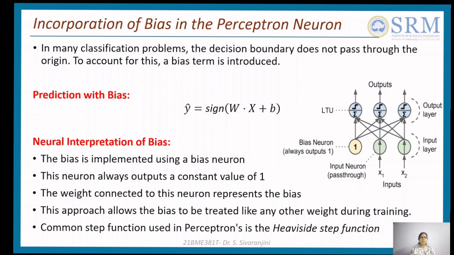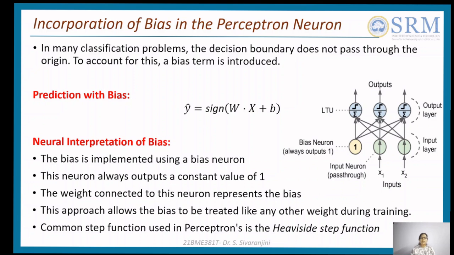The prediction with bias will be y equal to sign of w into x plus b. Previously, we didn't have this plus bias term, okay? So this bias neuron's output will always be a constant value of 1. Why?